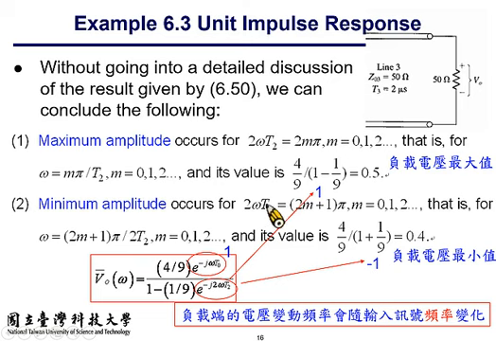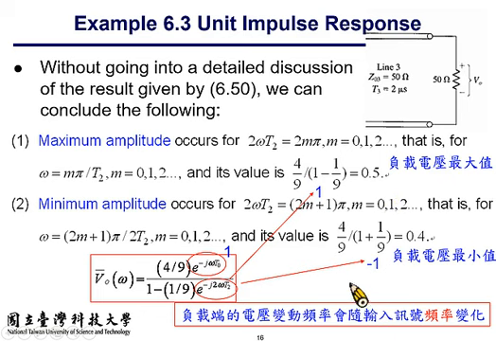To put it in short, when this value 2 times omega T2 is an even integer multiple of pi, you have 1 minus 1 over 9, and when it's an odd multiple, you have 1 plus 1 over 9, and they reach the maximum amplitude and minimum amplitude respectively for the two conditions.